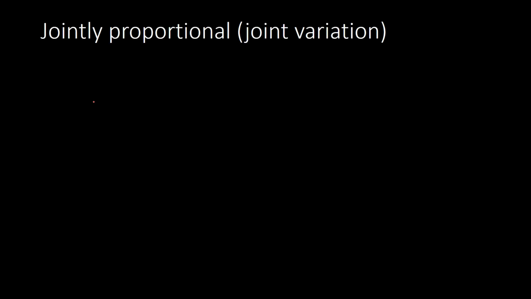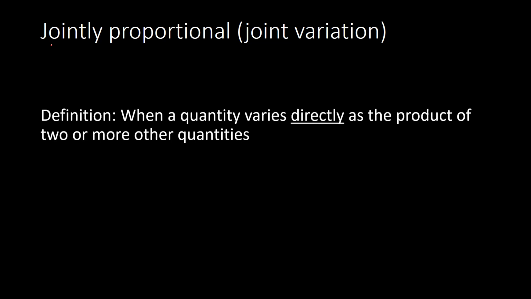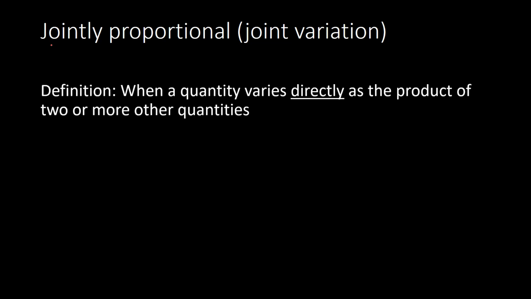Now here's another phrase that you need to know, and that is the term jointly proportional, or it could be stated as joint variation. When you see the word jointly, all it means is varying directly as more than one quantity. So for example, if you were told z varies jointly as f and c, then the word jointly just means directly.